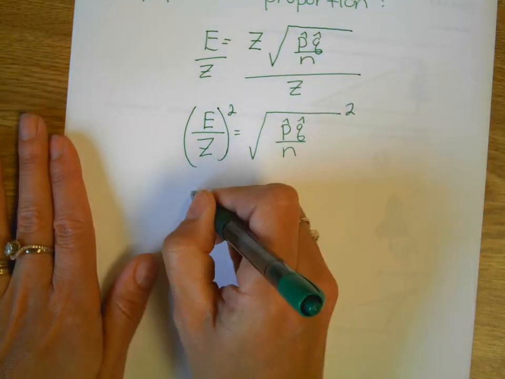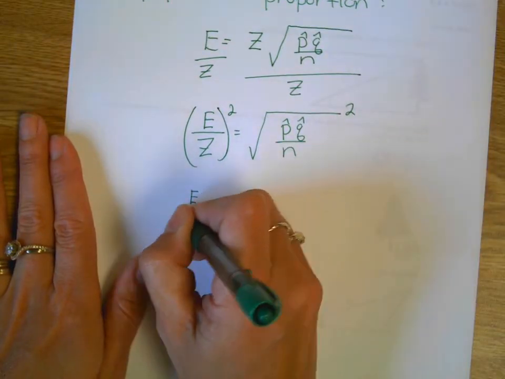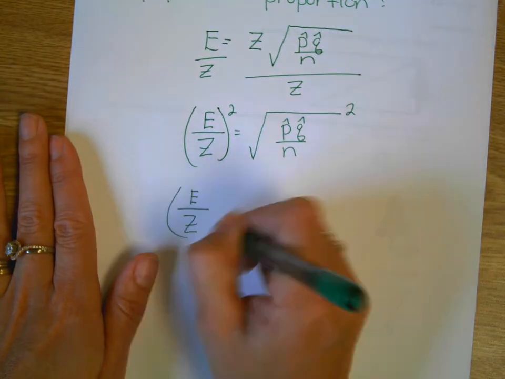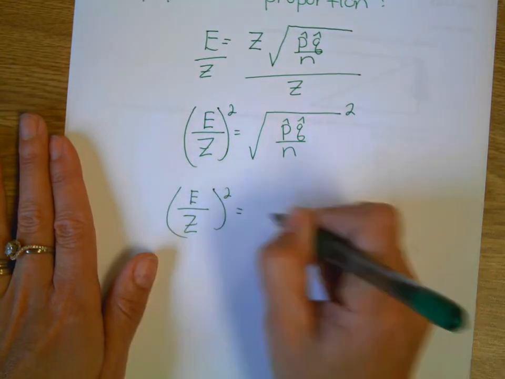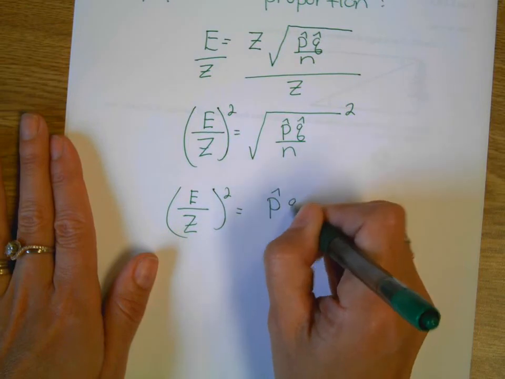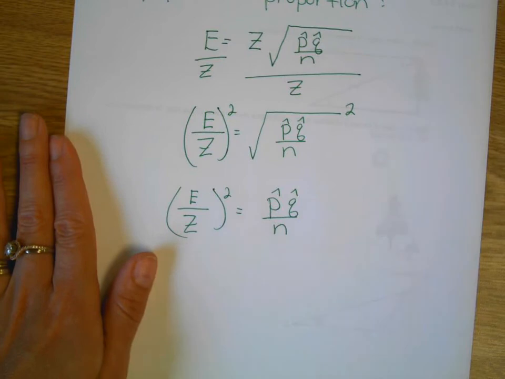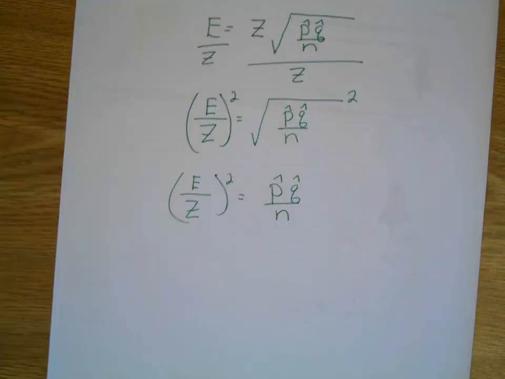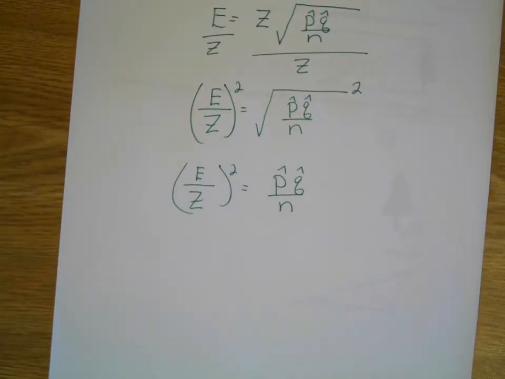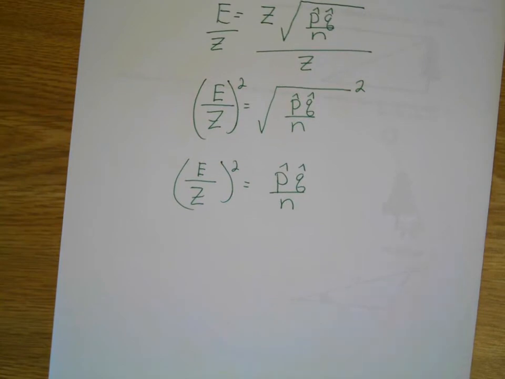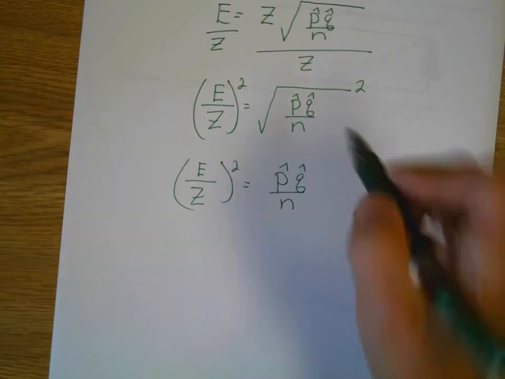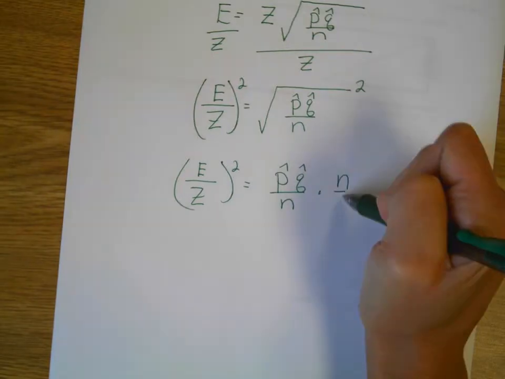So we will have E over z squared. Now what? Multiply by n to get that out of the denominator here.